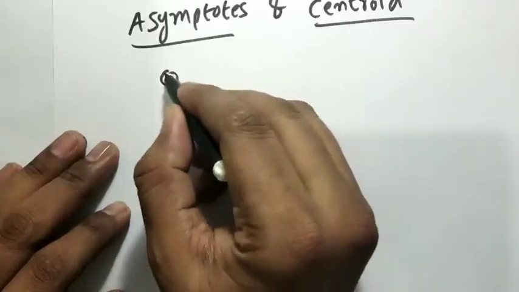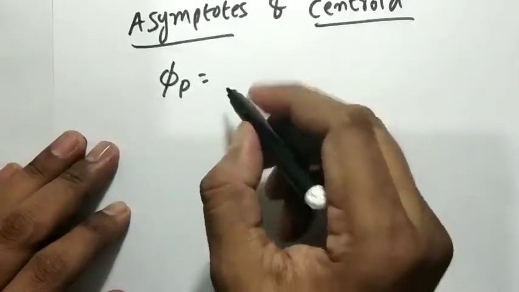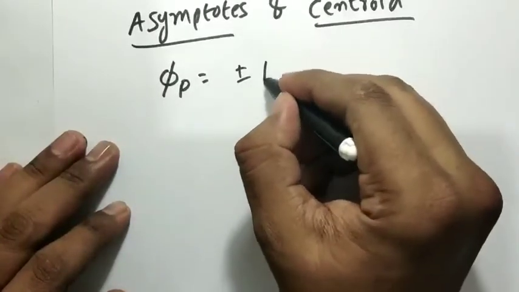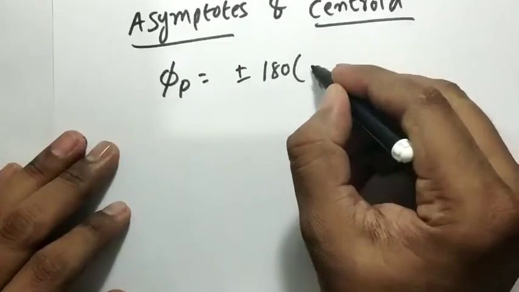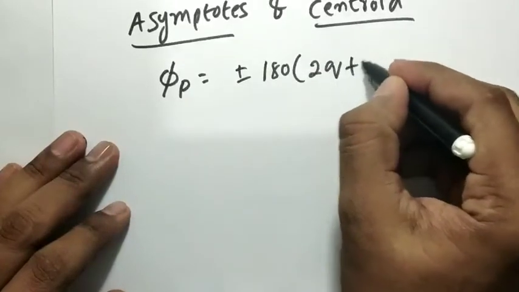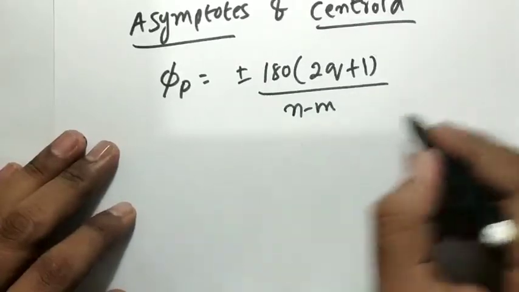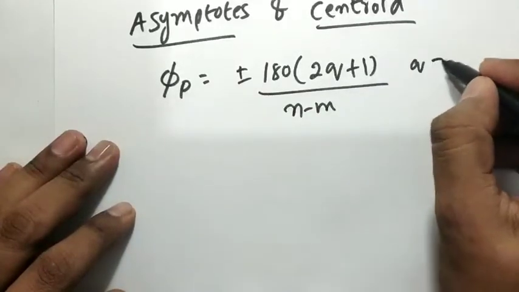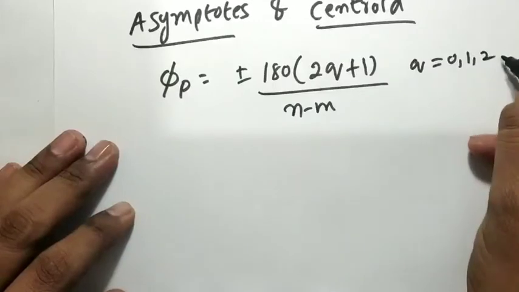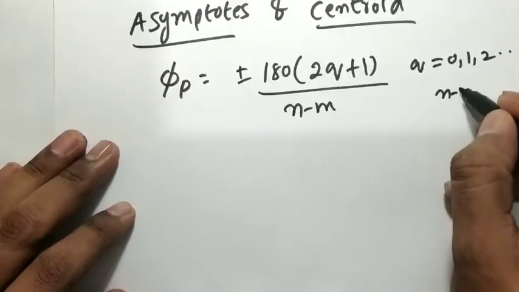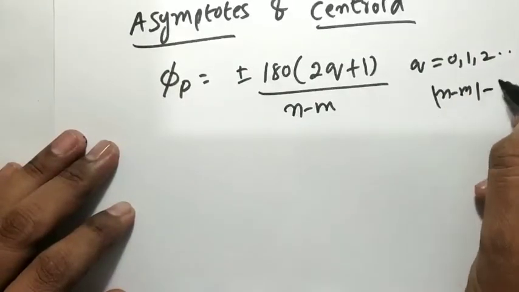The angle of asymptotes, phi a, is equal to the odd multiple of 180, that is 180 times (2q plus 1), divided by (n minus m). Here q is equal to 0, 1, 2 and so on up to n minus m minus 1.